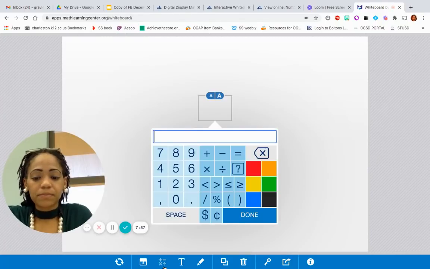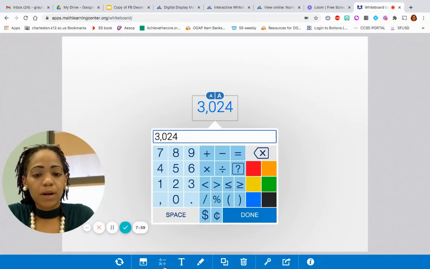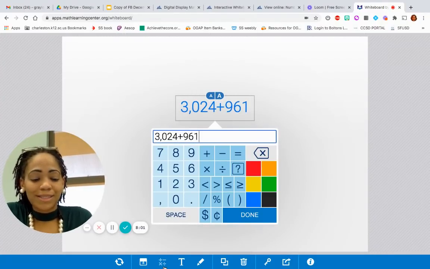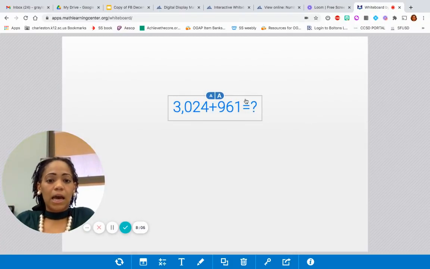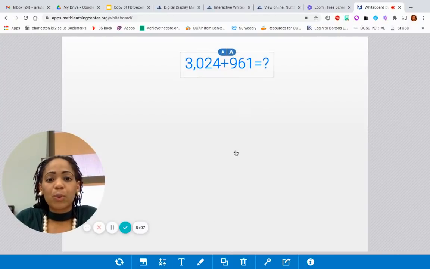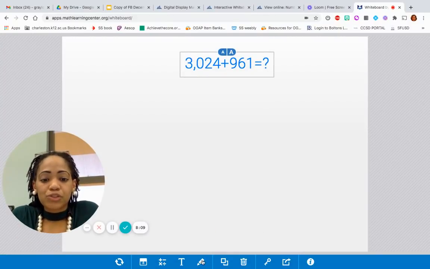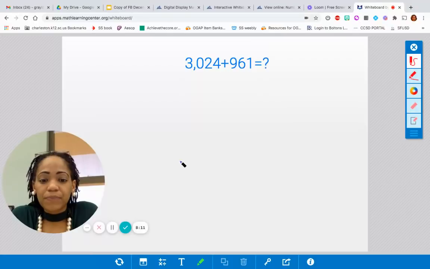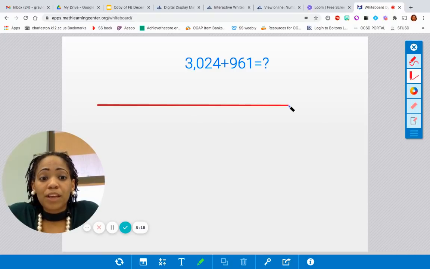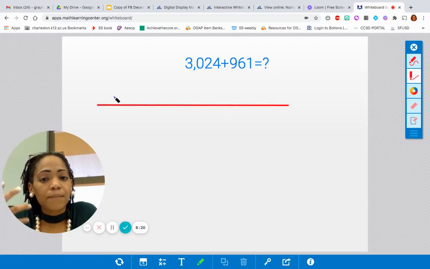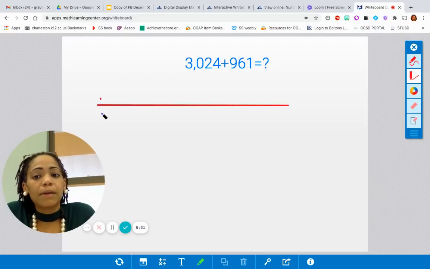We have 3024 plus 961, and that is going to give us our result. So just as a quick reminder of some of those strategies that I was talking about earlier. If you were to use a number line, which you could, or maybe you're thinking about it in your head, I'm just going to represent that thinking on a number line.